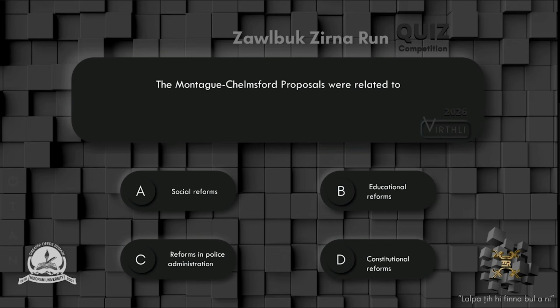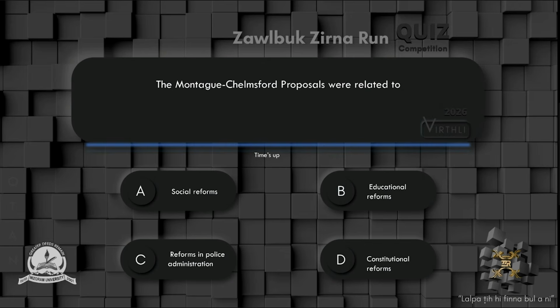And your time starts now. B. Can you repeat your answer? B. Okay, their answer is option B, educational reforms. But sorry, the correct answer is option D, constitutional reforms.